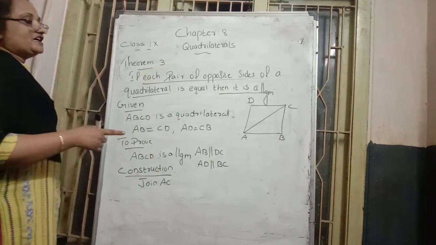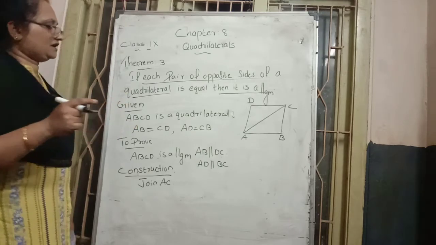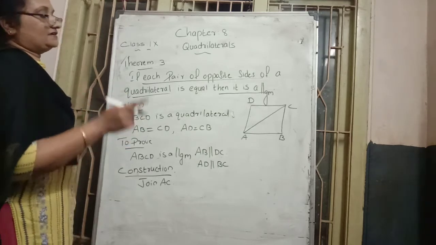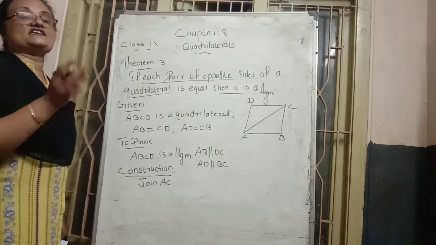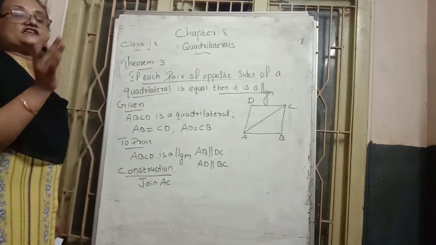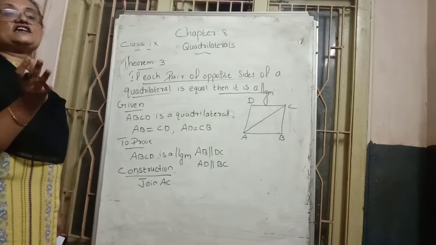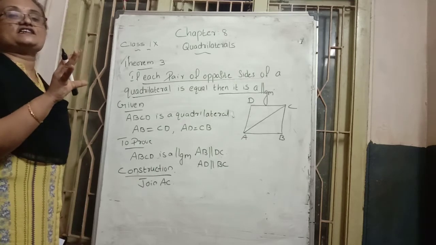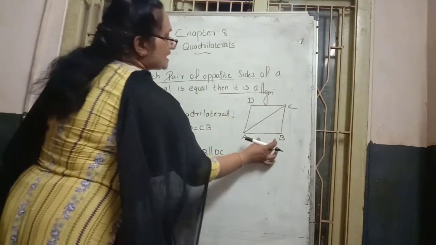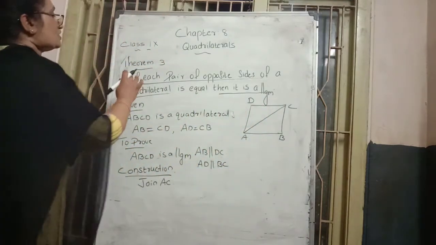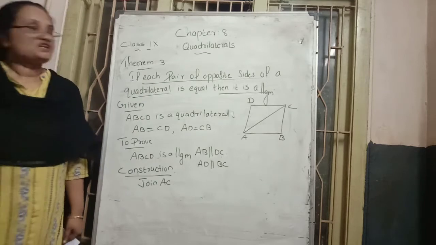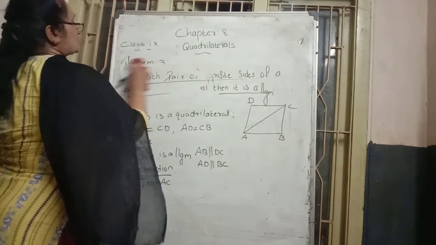Here the diagonal property is applied: the diagonal divides the quadrilateral into 2 congruent triangles. Which are they? ABC and ADC are the two triangles. So we can start with the proof.